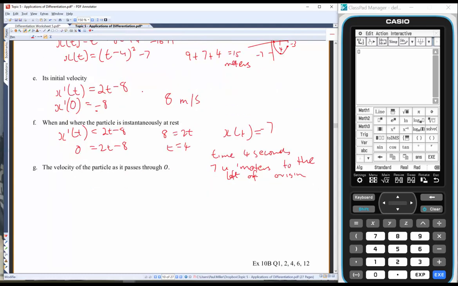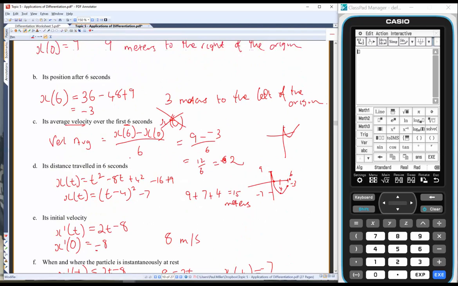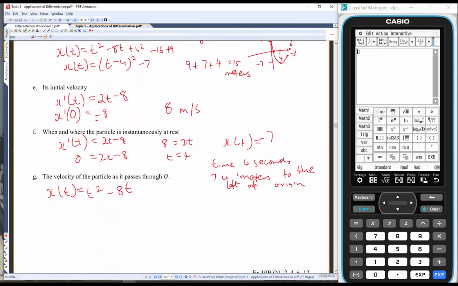All right, so our function is x of t equals t squared, take away 8t, plus 9. Okay, so this can't be factorized using integers or rational solutions.